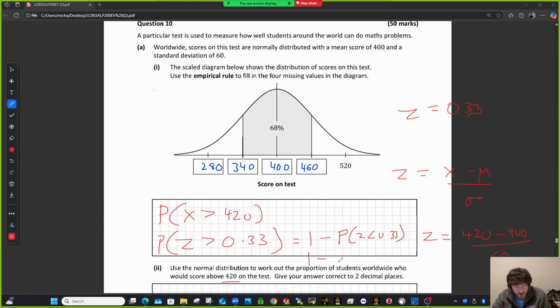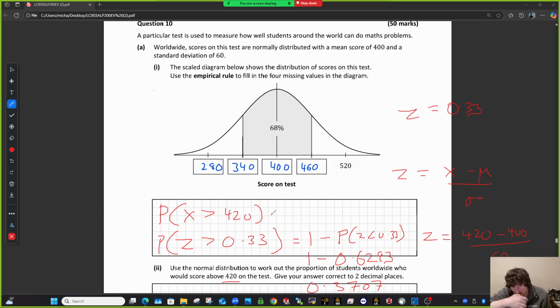So 1 minus that value from the tables book, which I think is 0.6293, so the answer to this question is 0.3707. And it just wanted the answer to 2 decimal places, so you could probably write that as 0.37. Yeah, I think that's fine.